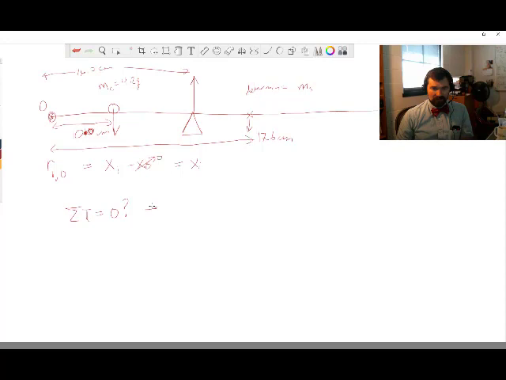So your sum of torques would really look like force from the fulcrum times r from the fulcrum, minus force from the calibration weight times r from the calibration weight, minus force from the stick times the distance to the stick center of mass.